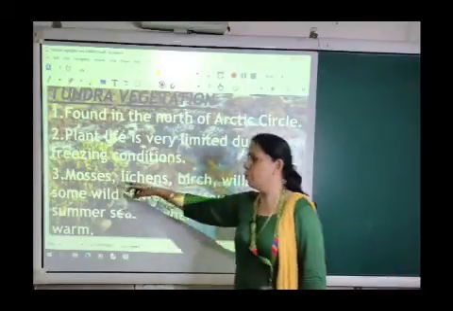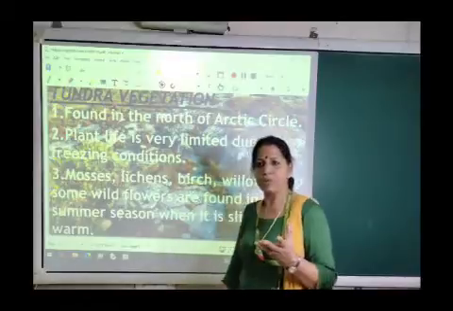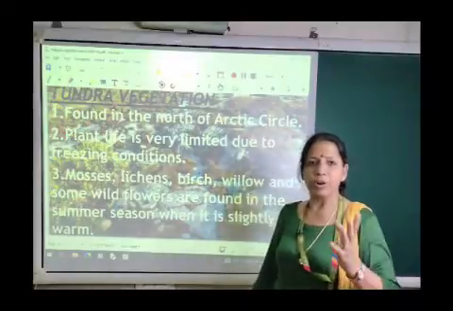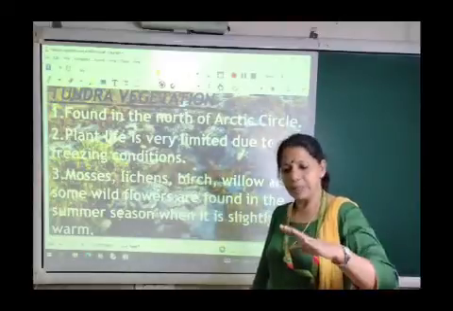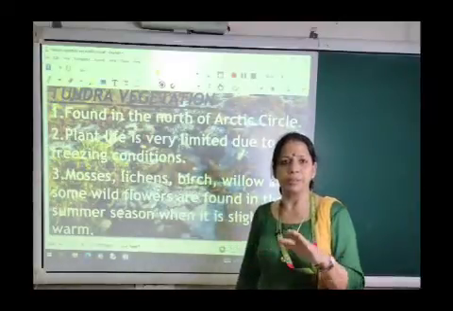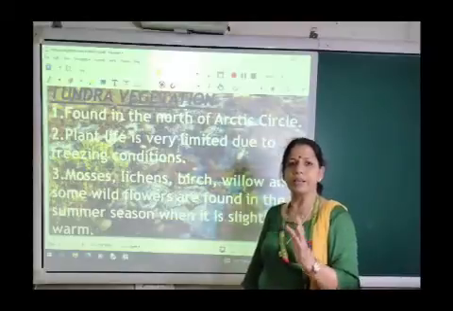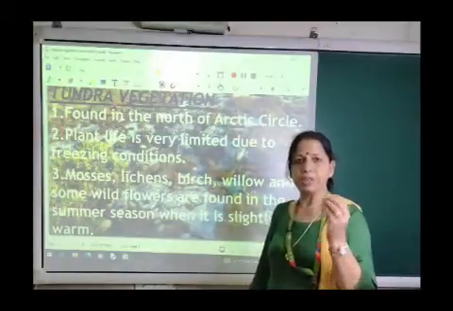Now moss, you must be familiar with this moss. At some places you see the rocks, when you go to the hill stations or in the colder regions, rocks are covered with a green carpet, which looks like a carpet. So that is the moss.